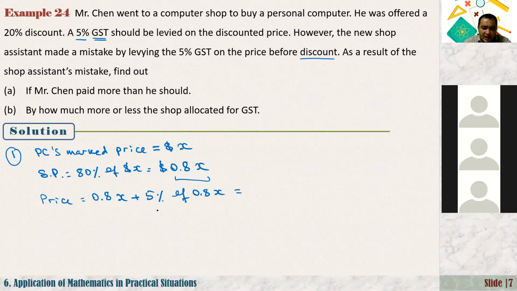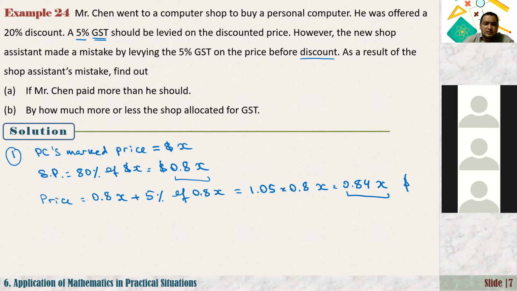This 5% is 0.05, and in front of it we have 1. So here we have 1.05 times 0.8 times x, which is equal to 0.84x dollars. In total, you are paying this amount, including the GST, so that you can get the PC.